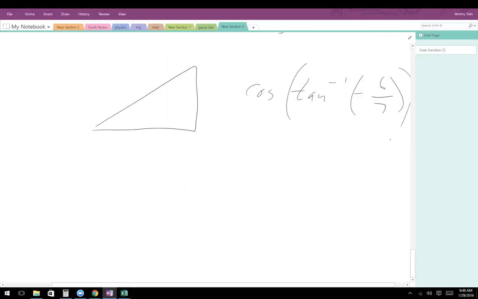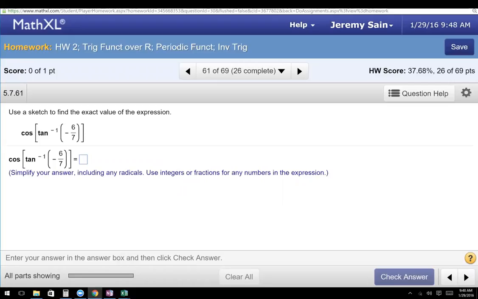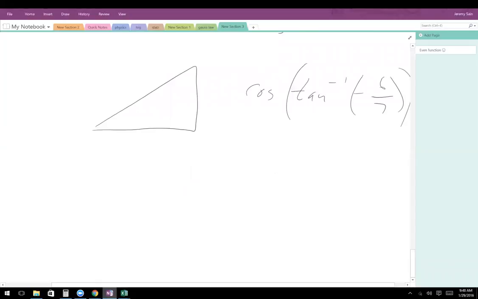So I'm going to worry about the negative at the end. For now, I'm just going to worry about the 6/7 part. Tangent in a triangle is which over which? It's y over x, or opposite over adjacent.